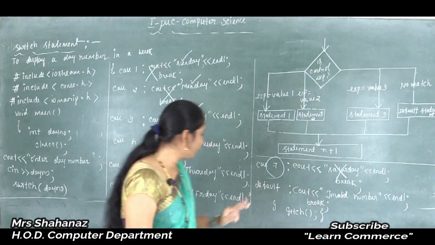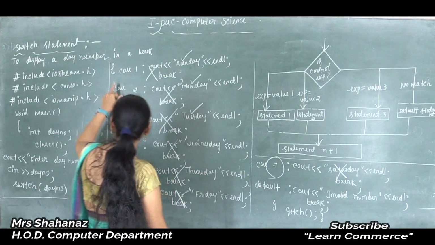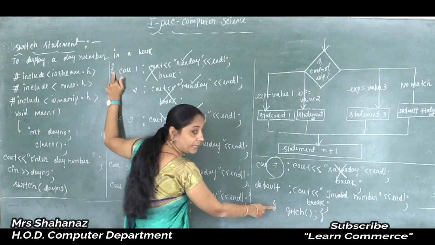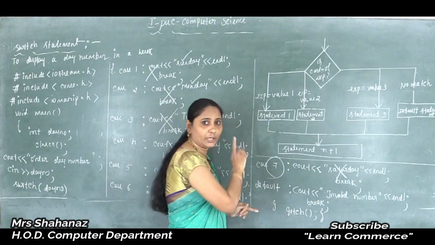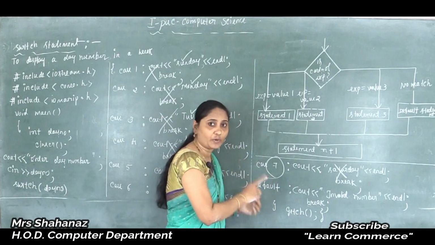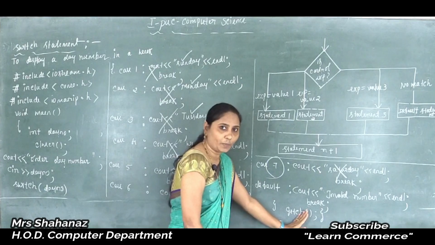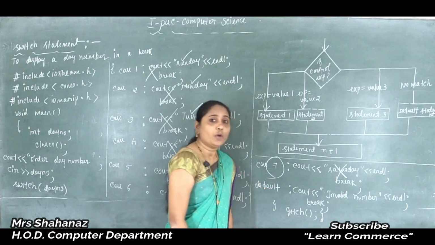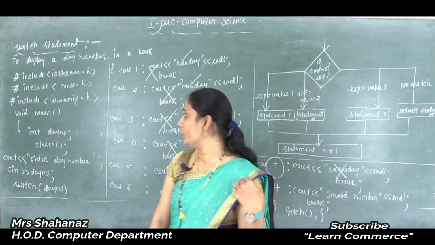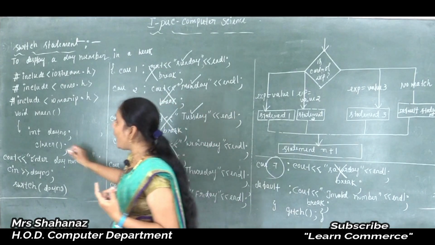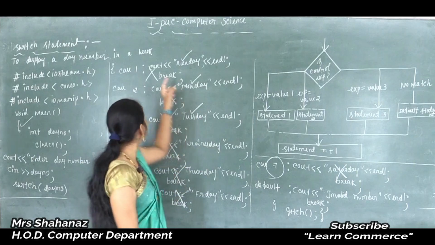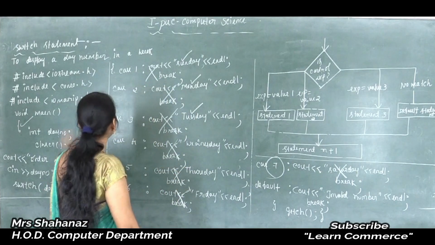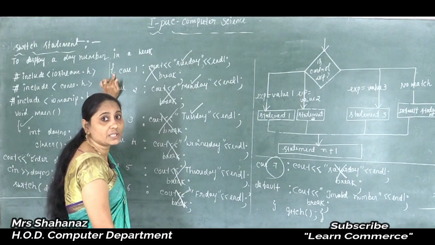So, clear how to use it here? I opened the flower bracket, so such a flower bracket is going to close, and finally the getch. Any program is going to close by using a function like our getch, open close semicolon, and lastly we need to close one more flower bracket. Why? Because in this program, how many flower brackets are there? This is the first flower bracket, and next, after the switch day number, I used the second flower bracket.